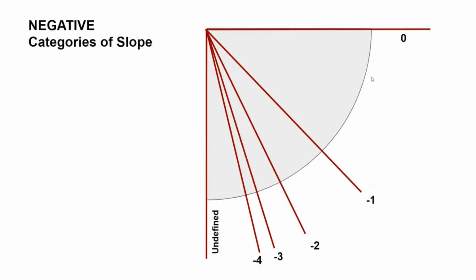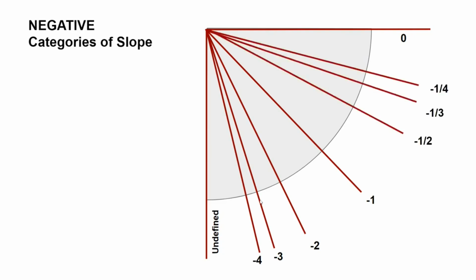You can see that these are rotated from 0 quite a ways toward the undefined. That's why they're so steep. There are the gradual negative slopes, -1/4, -1/3, -1/2. Again, I could add lots of other slopes here. This is a whole continuous process of going from 0 up to a large number as we rotate around.